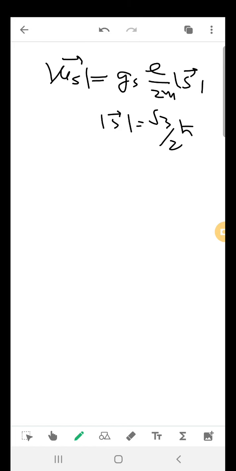So if we put the values here, it becomes 2 into E by 2m into root 3 by 2 h cross.